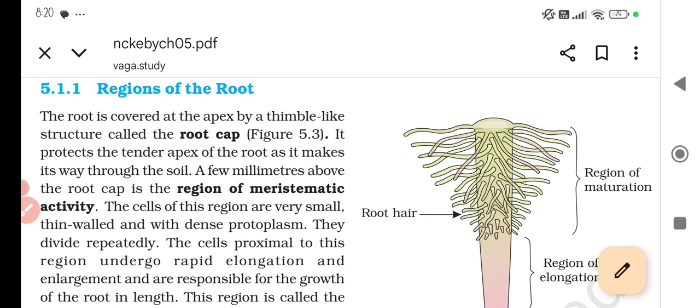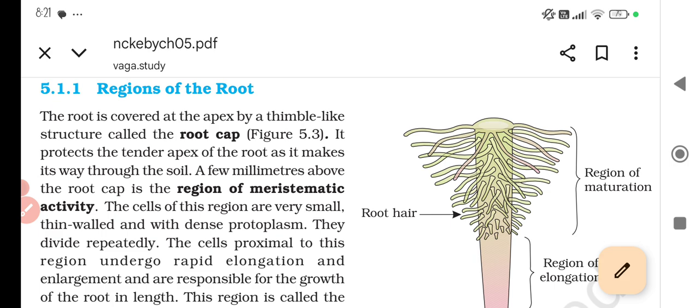But in case of the root, the nodes and internodes are absent. Also, the root does not have flowers, fruits, buds, leaves, etc. And the root is underground, right?